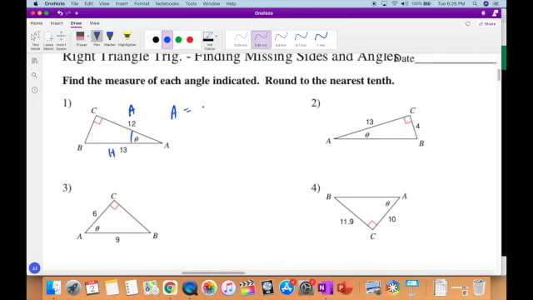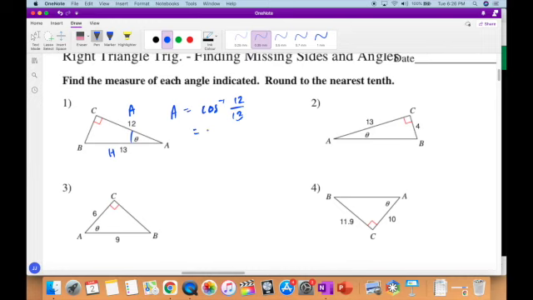So that's cos, right? Adjacent over hypotenuse. So the cos inverse of adjacent over hypotenuse gives me cos inverse of adjacent 12 over the hypotenuse 13.